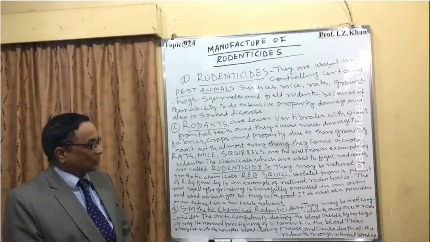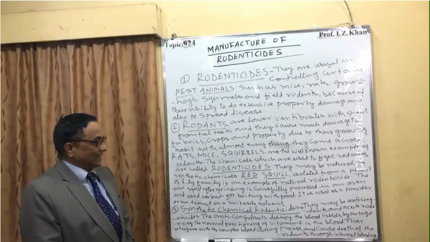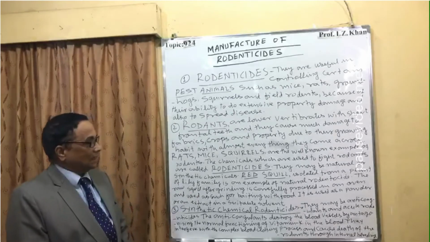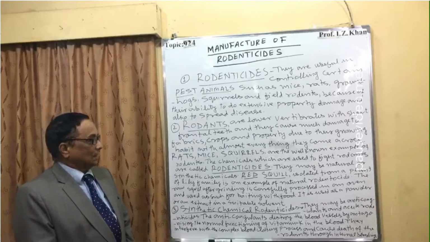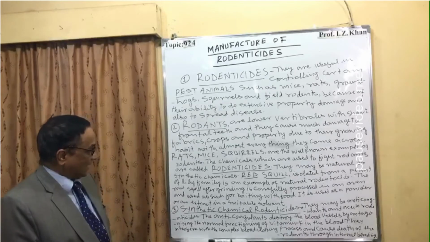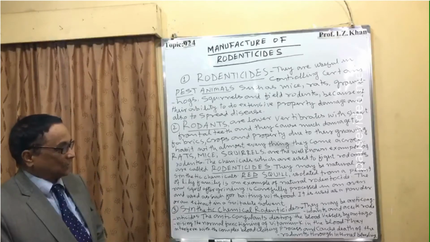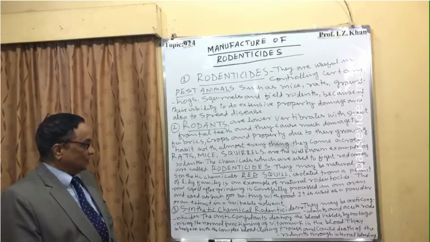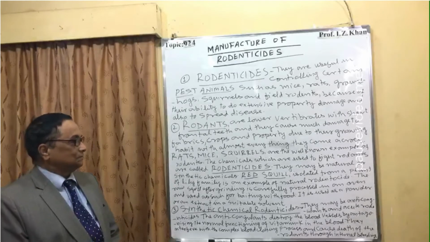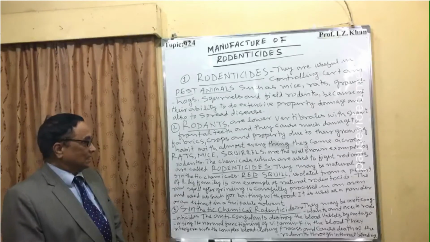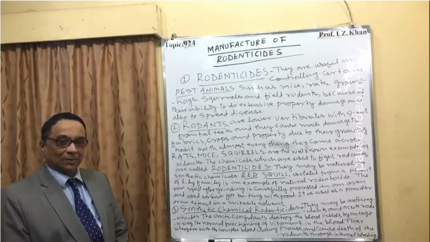So this red squill isolated from a plant of lily family is an example of natural rodenticide. The raw squill after grinding is carefully processed in an oven and used as such for baiting with food. It is used as a powder or an extract in a suitable solvent.